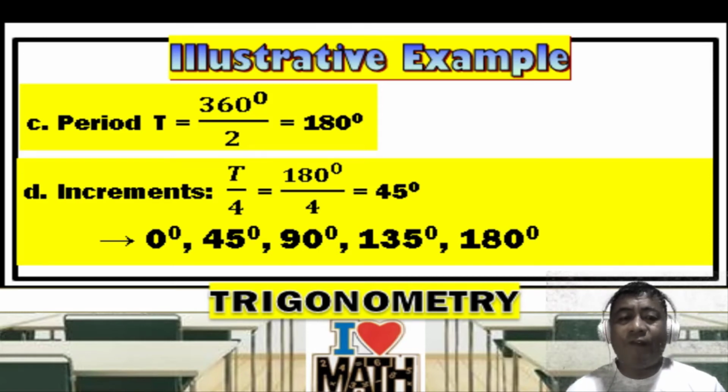And we're going to divide this into 5 parts. So from here we have 0, our starting point, 45 degrees, 90 degrees, 135 degrees, up to 180 degrees. This is simply one cycle of the graph.